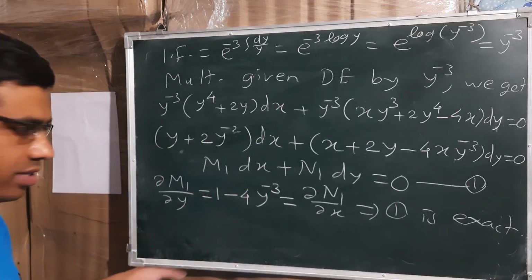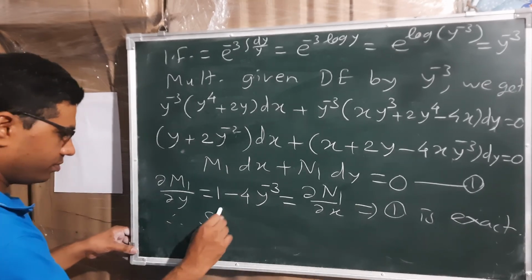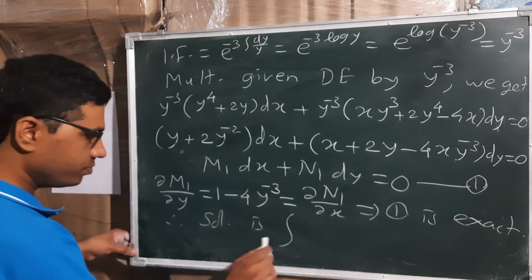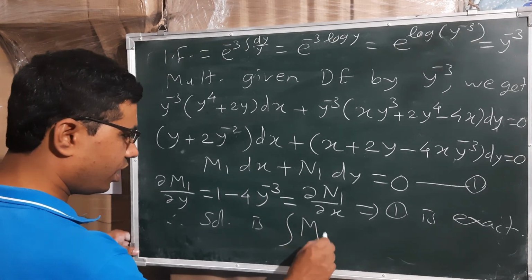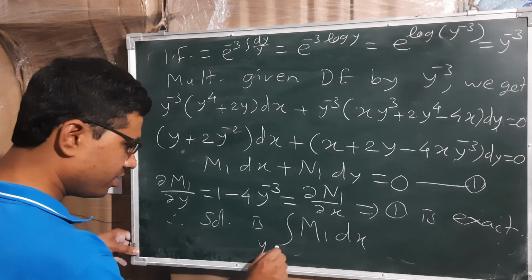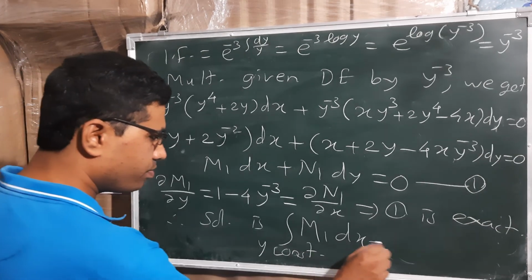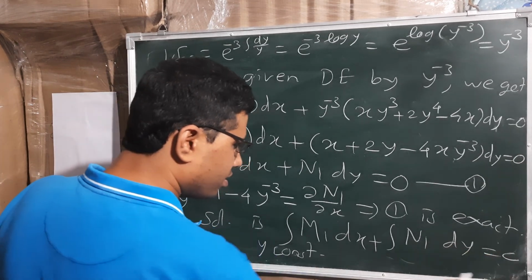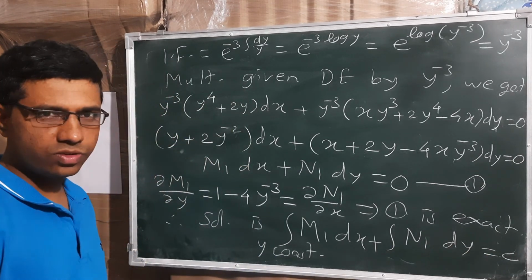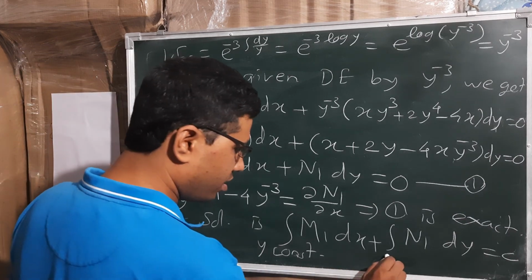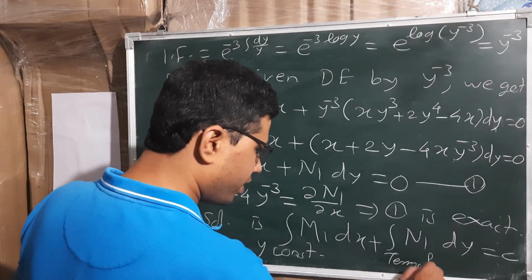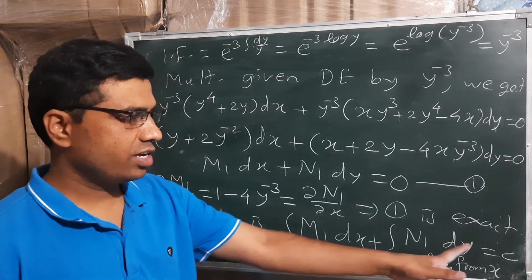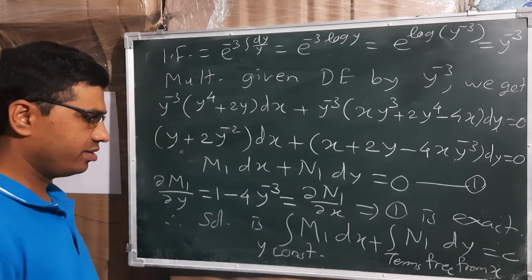Now its solution, using the formula, is integration of m1 with respect to x, where we keep y constant, plus integration of n1 with respect to y, where we take terms which are free from x, equal to a constant of integration.